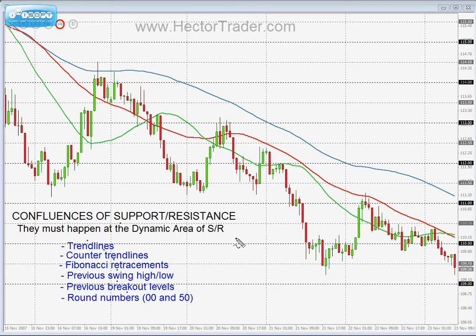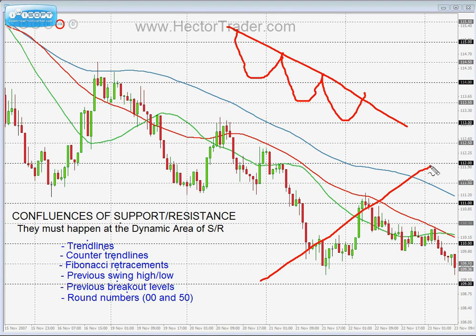Second, a counter trend line, which is a trend line that goes against the direction of the main trend. Just as a trend line was linking the swing highs in a downtrend or the swing lows in an uptrend, a counter trend line in a downtrend is a trend line that is drawing up, pointing up against the main trend.